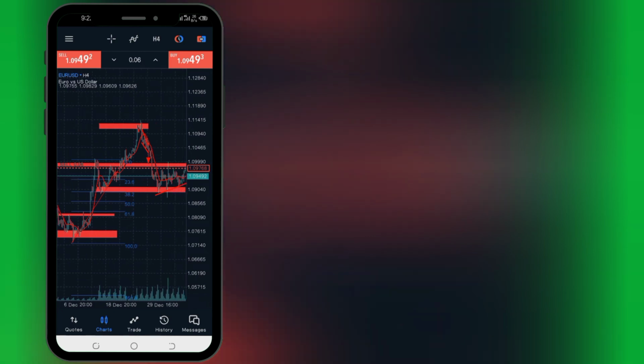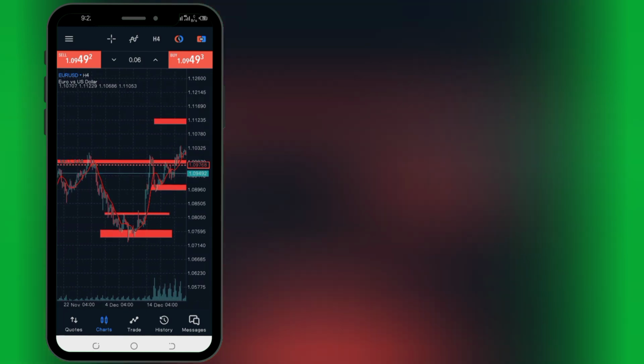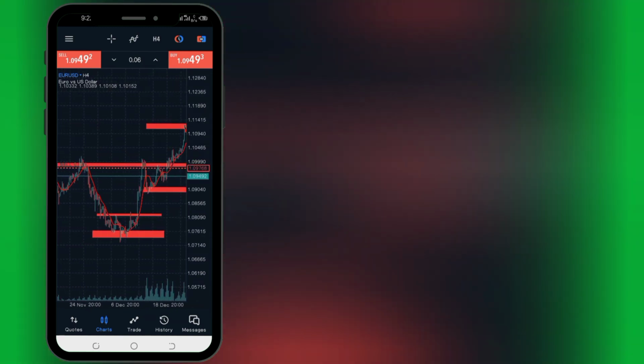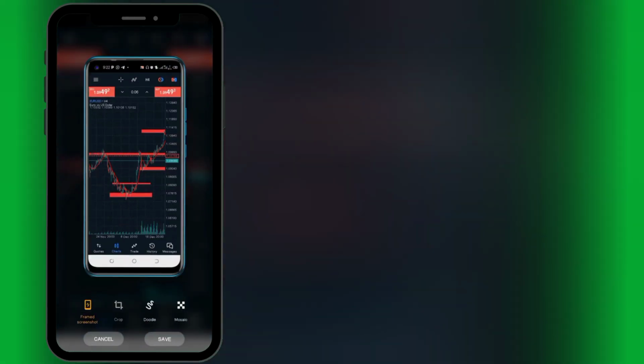After the market broke out, let me delete this Fibonacci too. As you can see here, the market reacted around this area in the past, so there's a possibility that the market will react here again when the market gets there. So I plot my key level.